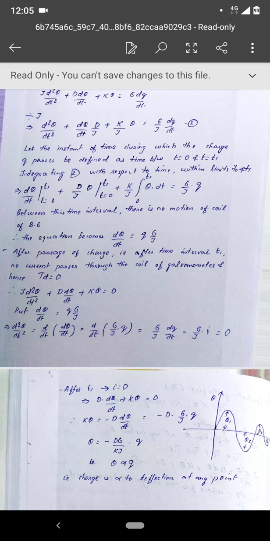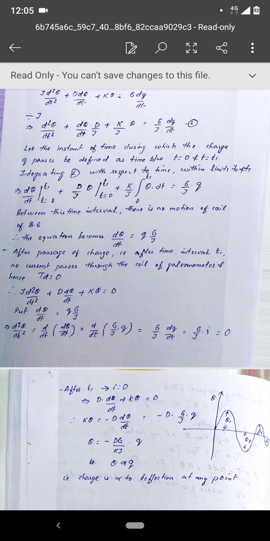So what we have done here is that we got d theta by dt from the assumption that theta is equal to 0 in the interval 0 to t1, and whatever deflection is happening in the galvanometer happens after t1. That deflection is not due to what is happening at that time, but due to whatever happened before t1. Whatever circuit changes or parameter changes happened before t1 cause the deflection after t1.